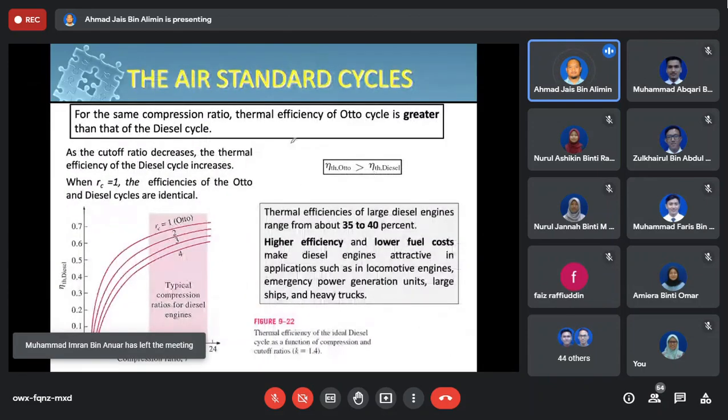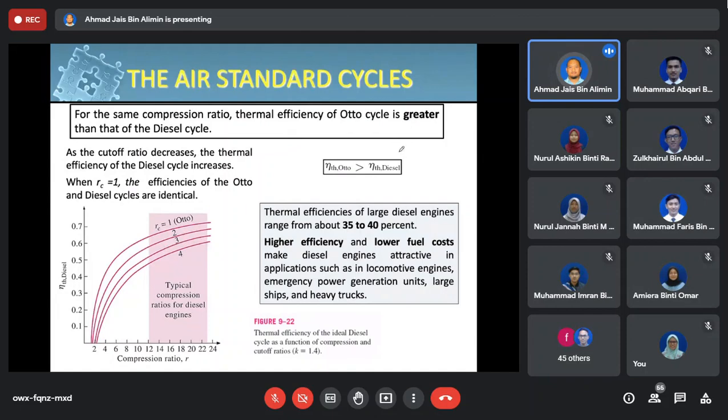Right. So the next one is if you want to compare both cycles, because usually you will wonder which one carries the better efficiency. For the same compression ratio, the thermal efficiency of the Otto cycle is greater than that of the diesel cycle. Okay. If you have the same compression ratio, in terms of thermal efficiency, the Otto cycle is much better.